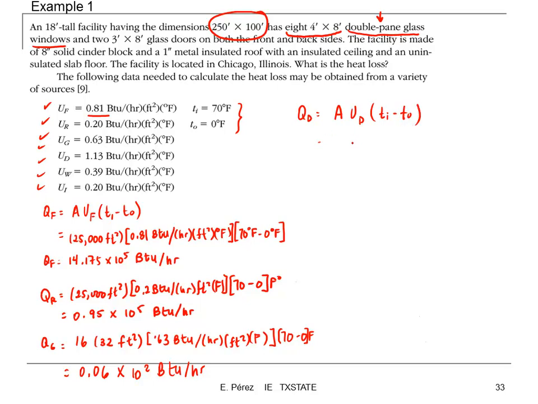So we have the factor 1.13 BTU per hour feet square Fahrenheit, times the difference in temperature, which is 70 Fahrenheit. So the only thing you have to compute now is the area, and then compute the final number.